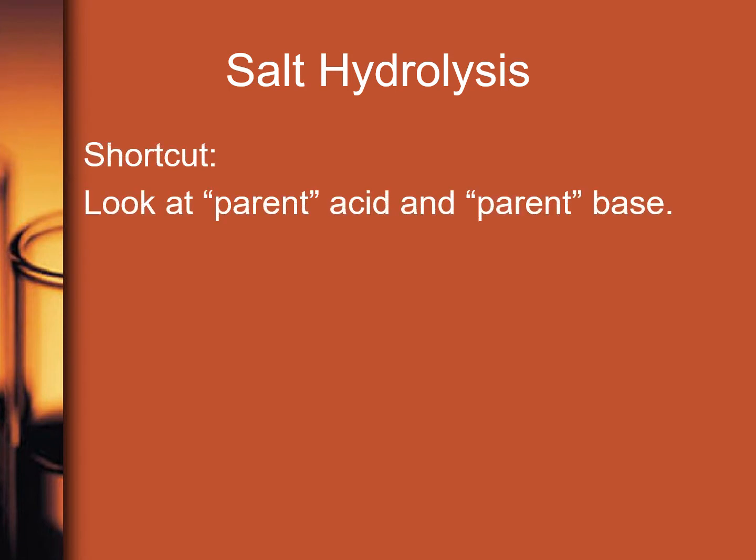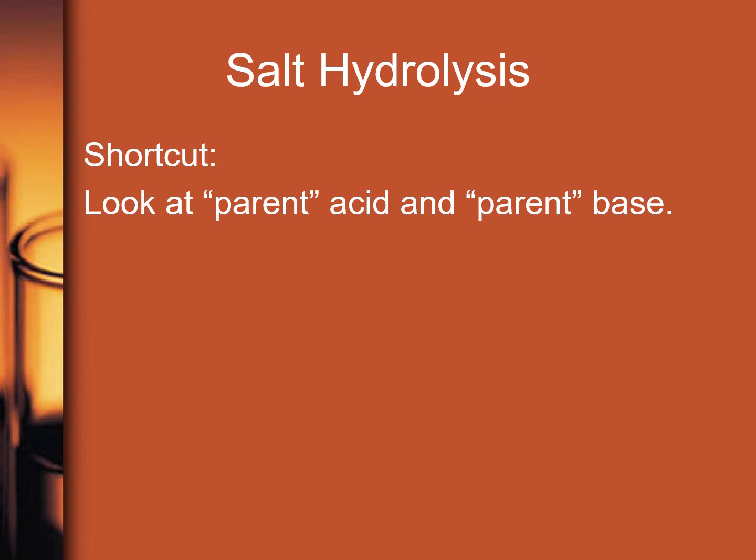So like I said in class, there is also kind of a shortcut way to write these instead of writing the hydrolysis reactions for every single substance. So with our shortcut, we are going to look at our parent acid and our parent base. So simply looking at that cation, what base does it come from? The anion, what acid does it come from?